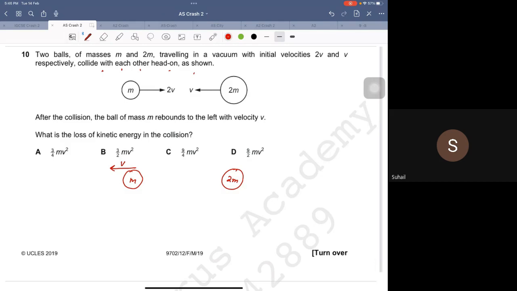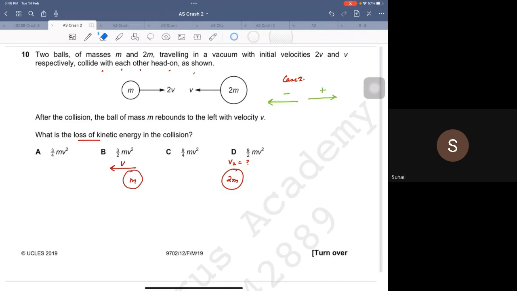Okay. So before we could find the loss of kinetic energy, we have to find the velocity v2. We don't know that, right? So again, assign the signs. This should be positive, this should be negative. This question should have been the first question. Anyway, this is a case one question like that.